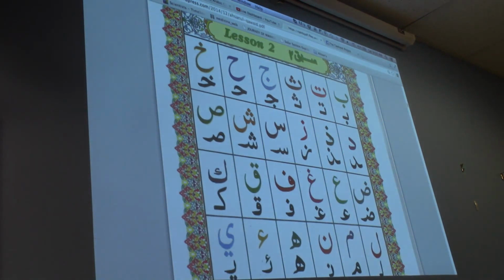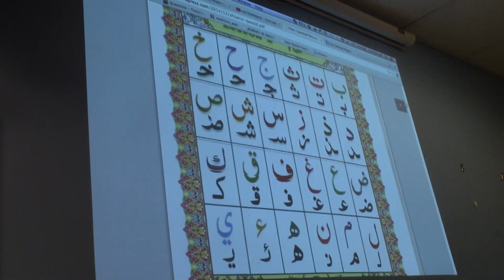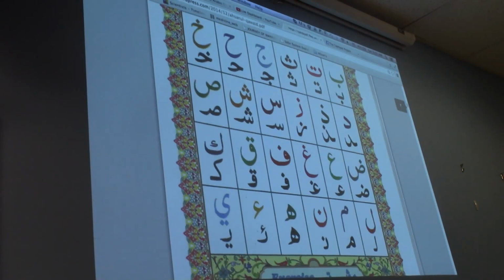Alright. In this section, lesson number 2, we learned it last week. We have letters that we have learned the names of and how to pronounce correctly. And now the author is introducing us to the way the letter is written in a sentence.